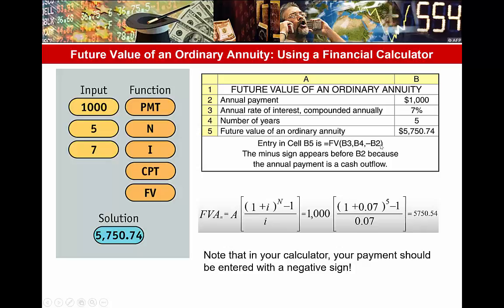There are two additional arguments here that are left blank. You don't have to fill those. The second argument is the present value. If you start the period with a certain amount of money, we could enter that present value, that is the amount that exists at time 0. But in this case, we don't have anything.